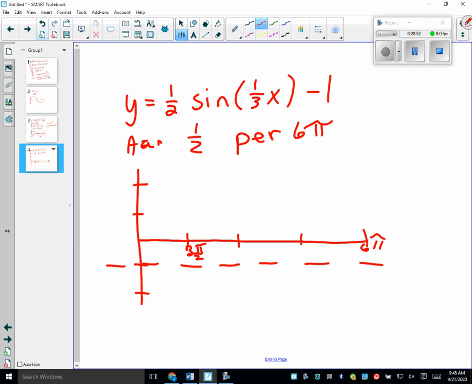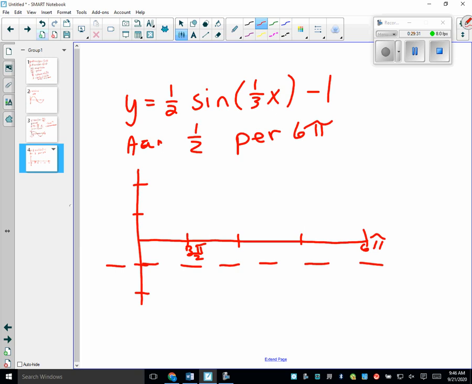You type it in exactly like that. No, not in the window. Sorry, in the y equals. When x is 0, we always start with x to be 0. What is y? Trace it. Negative 1.